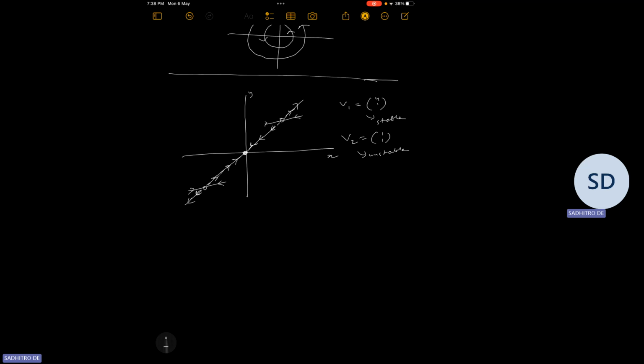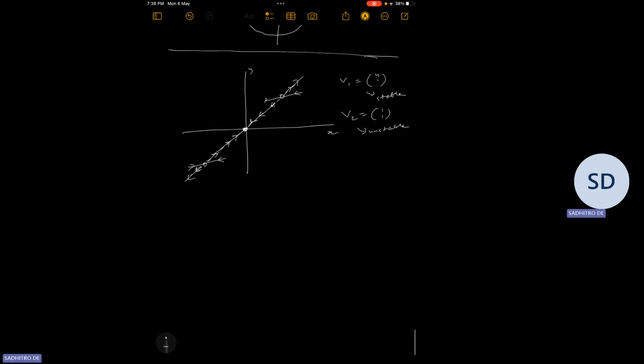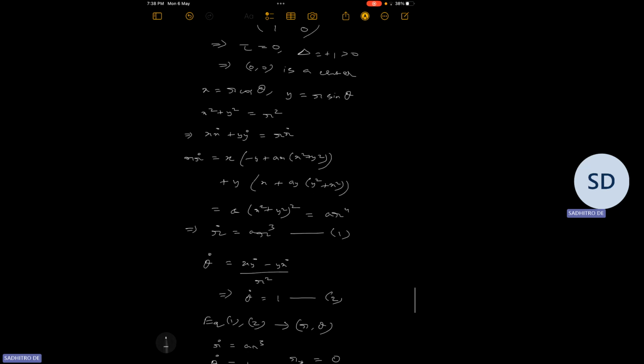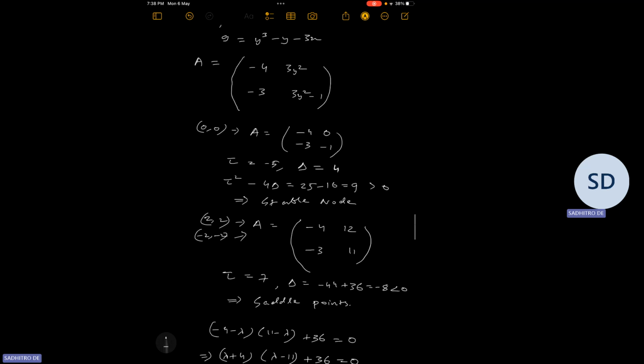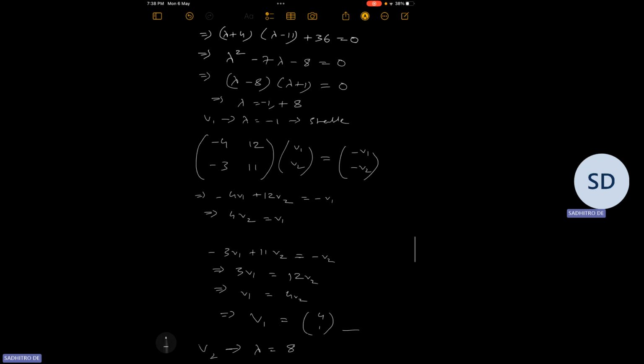Now, if you look at the origin, let us take a look at the matrix corresponding to the origin, the Jacobian matrix. What was the matrix we had over there? For the origin it is -4, 0, -3, -1.